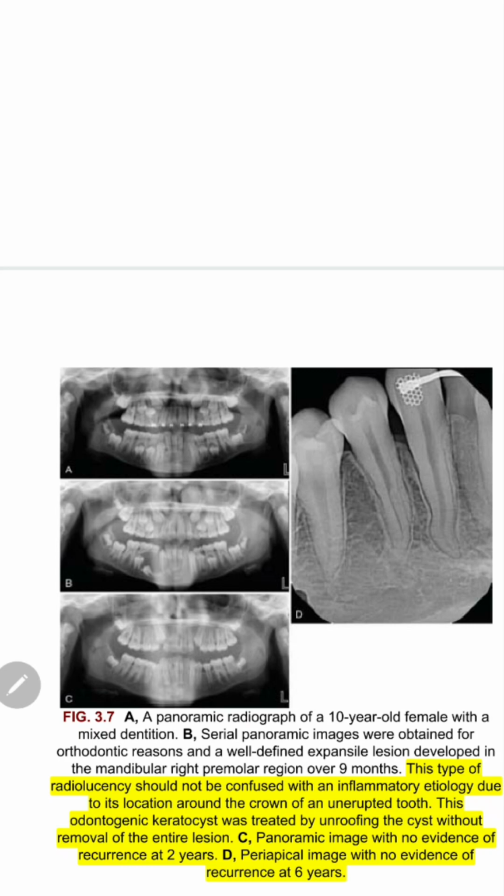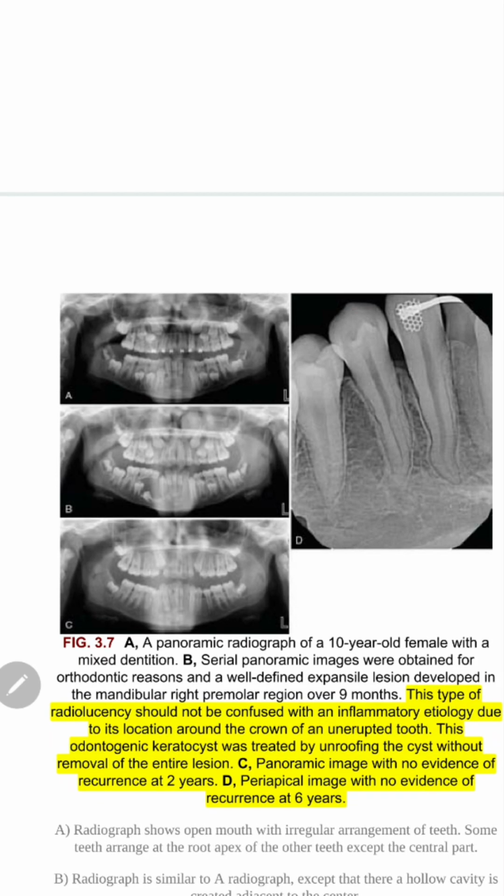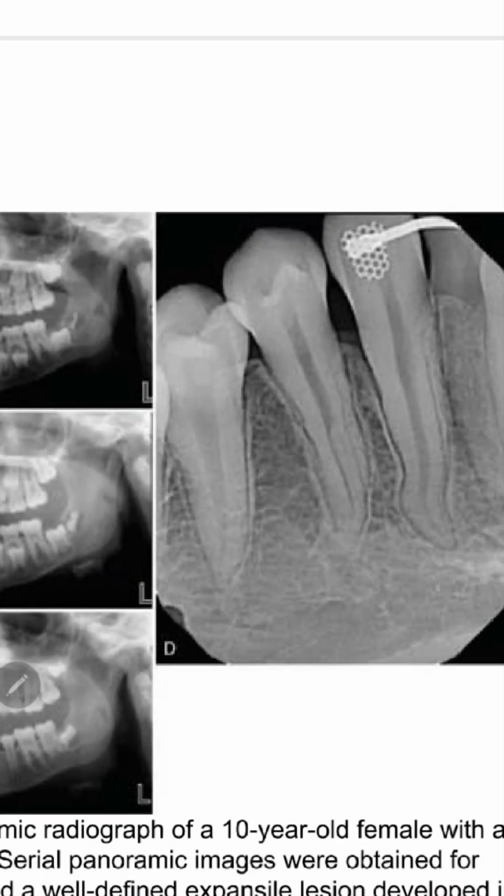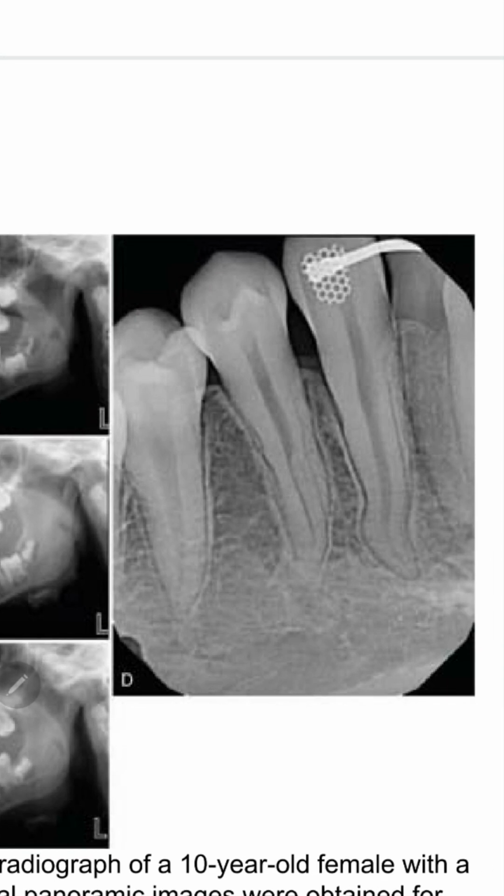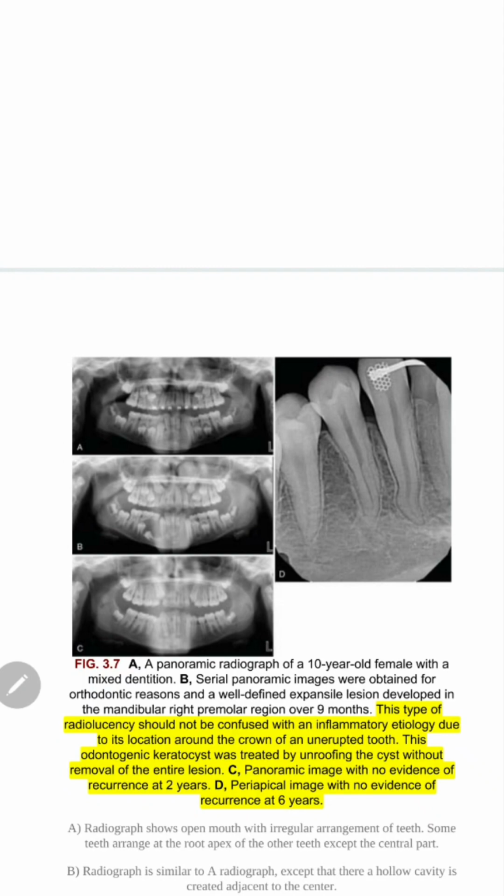When this radiolucency was observed, the treatment was unroofing the cyst without the removal of the entire lesion, and a panoramic image after 2 years was taken, showing no evidence of recurrence, and this periapical image after 6 years of the surgery also showed that there was no recurrence.